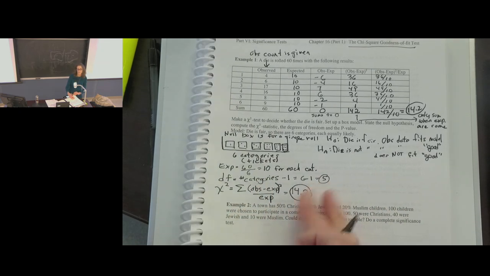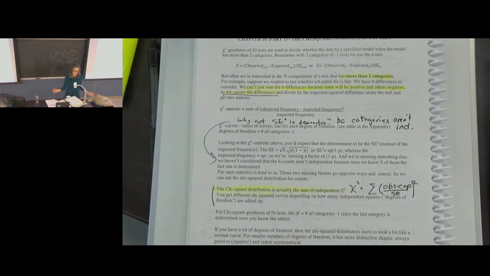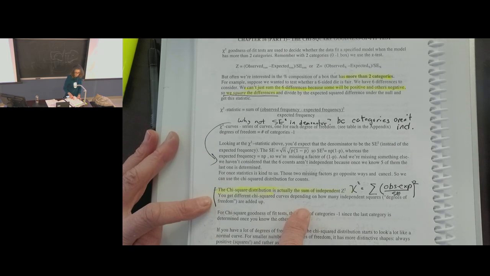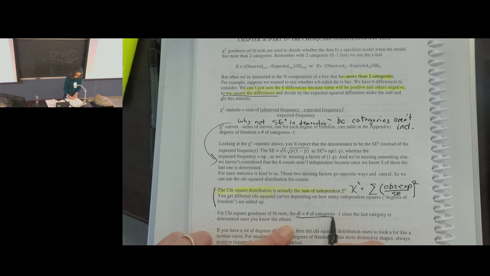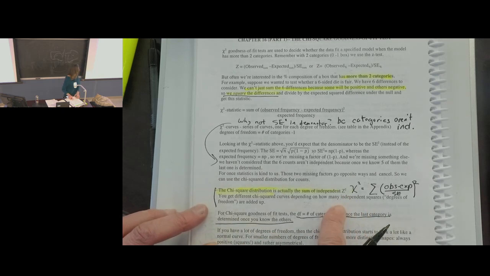So now going back, you're going to see this chi-square distribution all the time. And it's actually just the sum of independent z-squares. It comes up all the time. And here I say, since the last category is determined once you know the others, how many are independent?